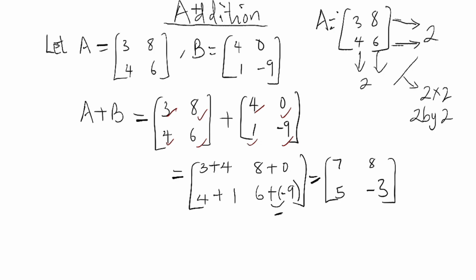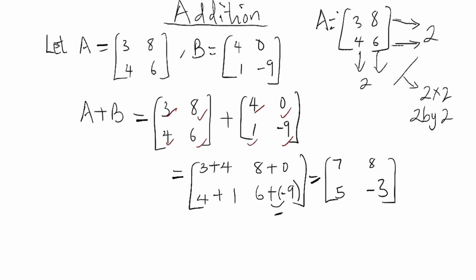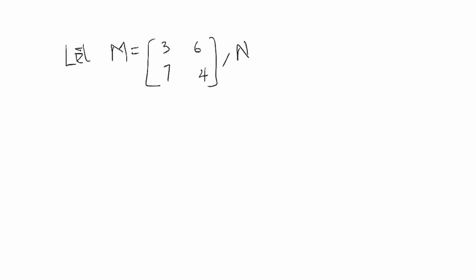Now let's look at subtraction of matrices. When we subtract a matrix from another, let the matrix M be 3, 6, 7, 4, and N be the matrix 2, 5, 1, 2.